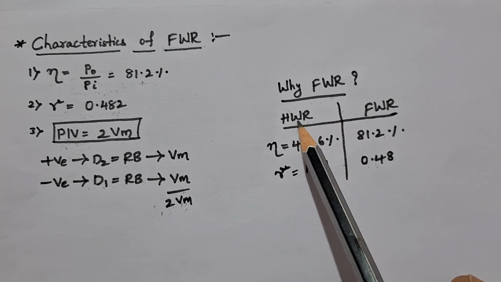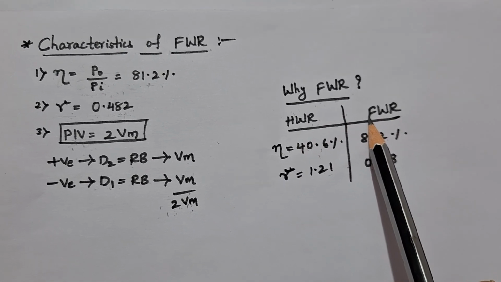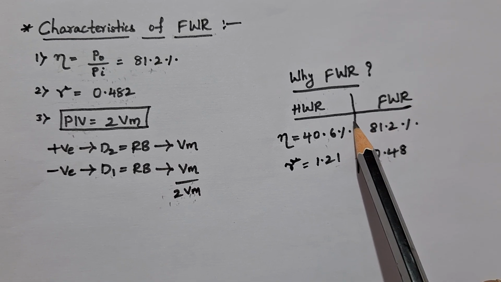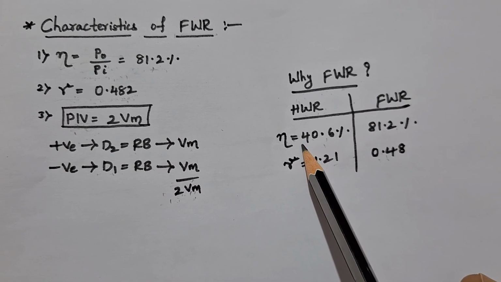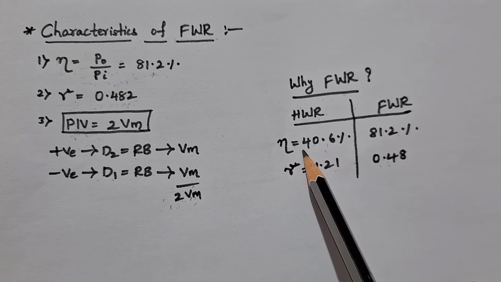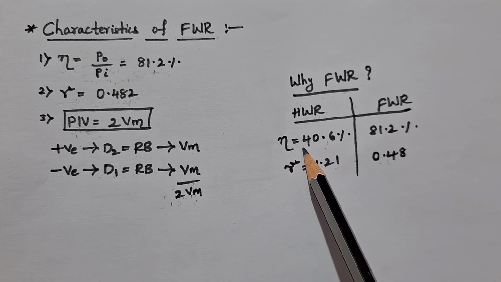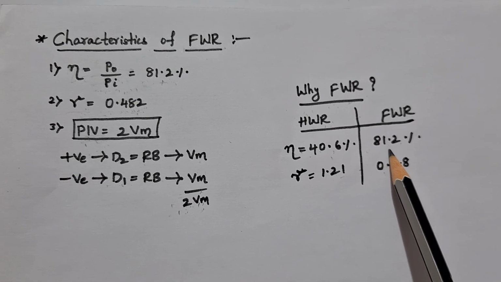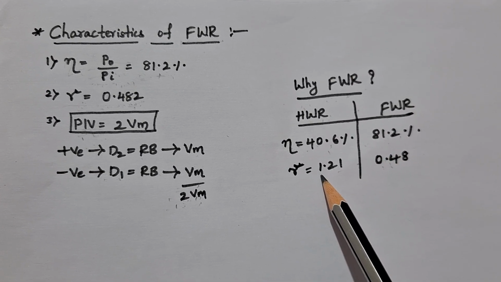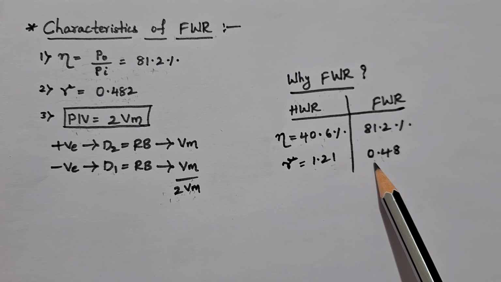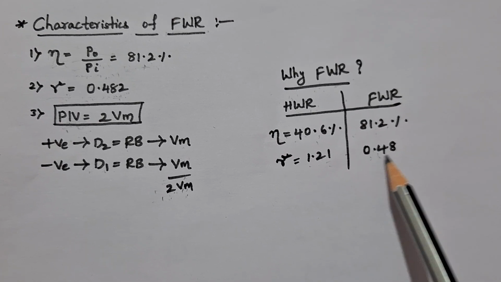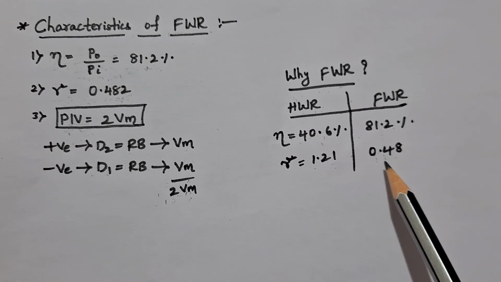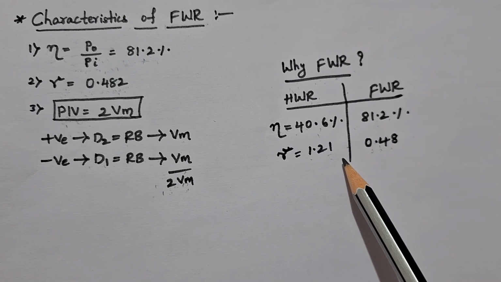If we write the differences between the half wave rectifier and the full wave rectifier, we can identify that the efficiency of the half wave rectifier is 40.6% and of the full wave rectifier is 81.2%, and the ripple factor is 1.21 for the half wave and 0.48 for the full wave. So these two are very important factors.